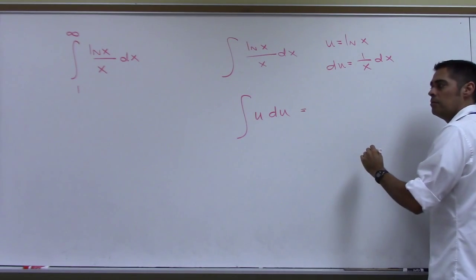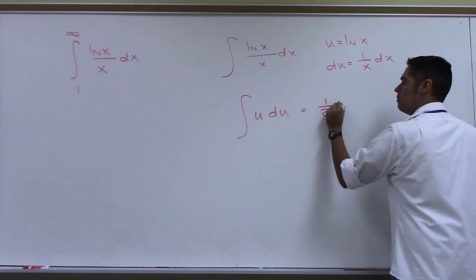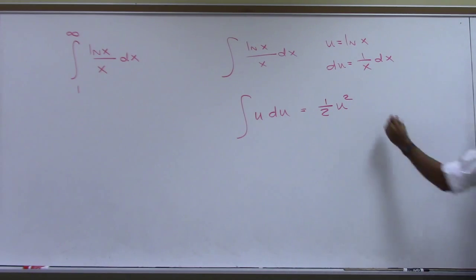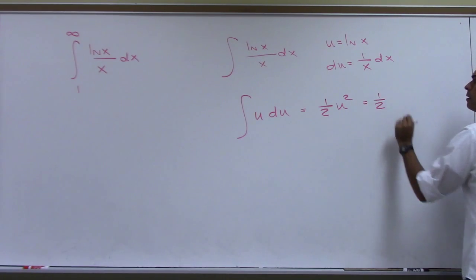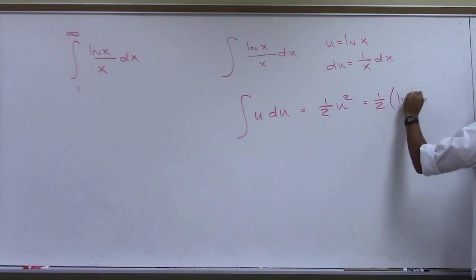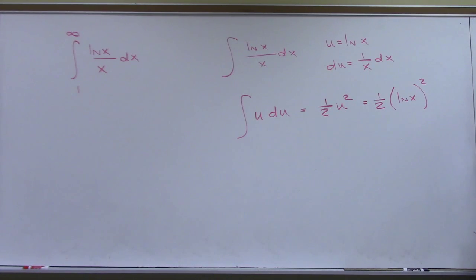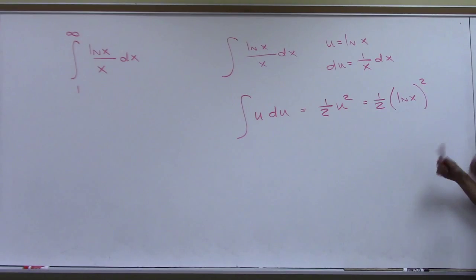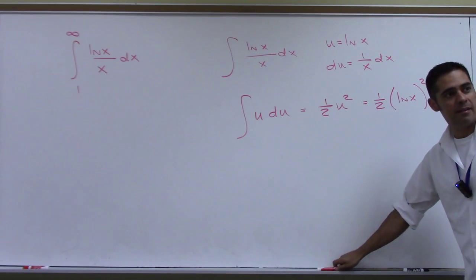Antiderivative of u du? 1/2 u squared. But what's u here? Natural log of x. So 1/2 natural log of x squared. That make sense? I'm only saying that because it's been a while since we've done this, so hopefully the gears will start turning again for that.